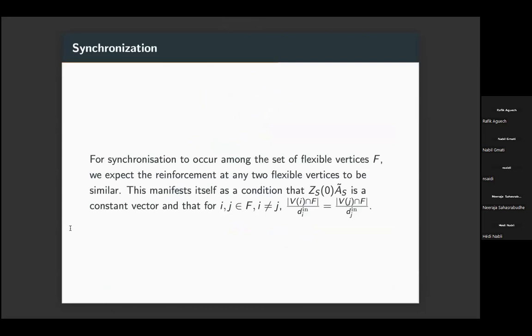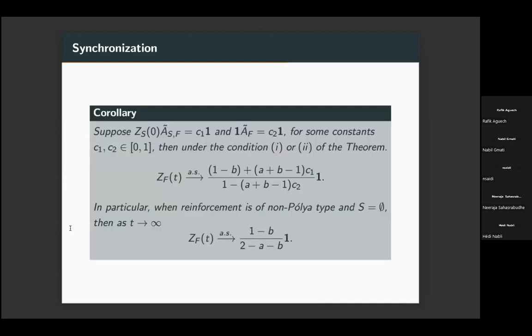So for that to happen, similar sort of reinforcement should happen in every neighborhood, right? So it would depend on how the reinforcement behaves and how the graph structure is. So under these two conditions, Z_S^0 is the initial fraction of white balls at stubborn vertices. So this is a vector.